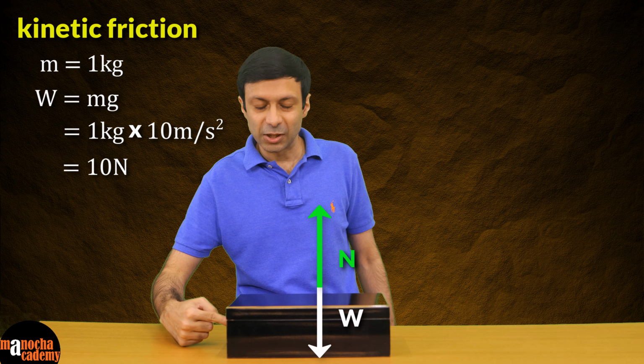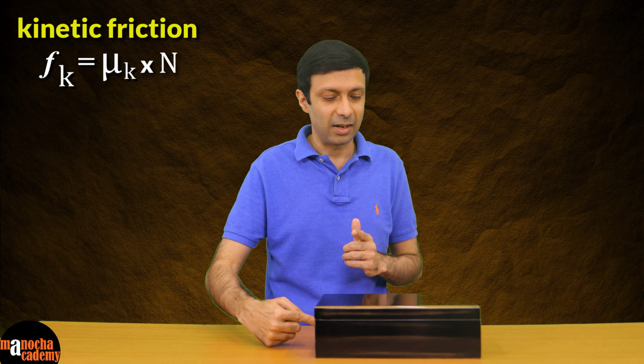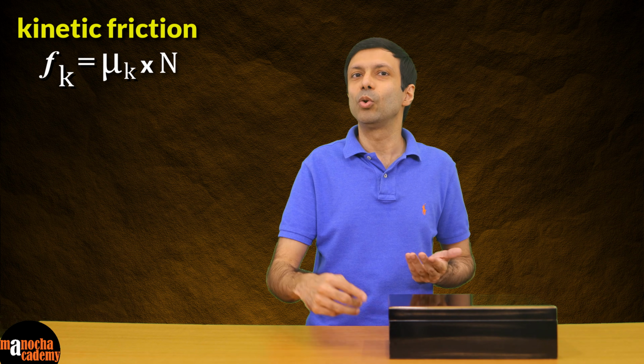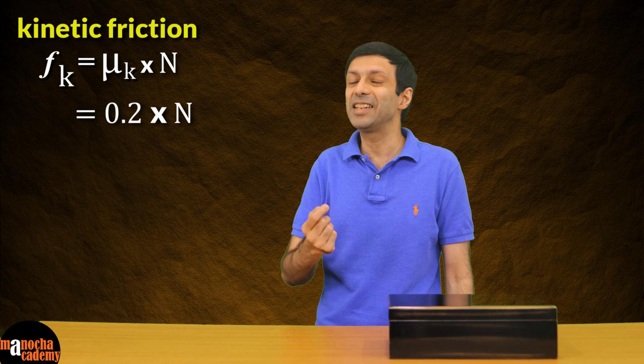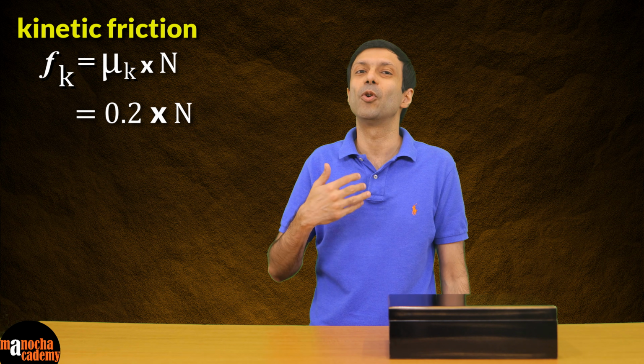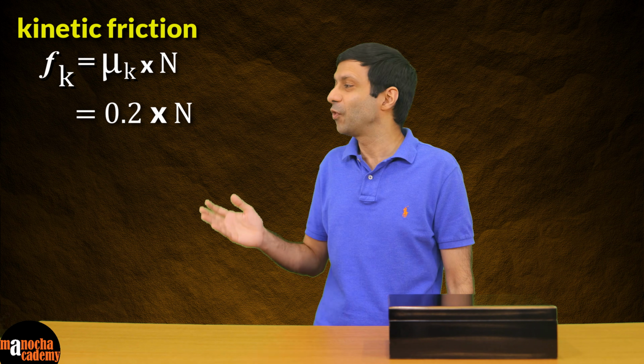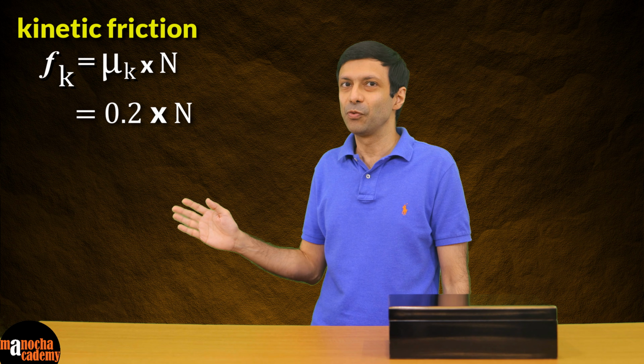So when I'm pushing this box, what will be the kinetic friction here? You can calculate it as mu k times N, the normal reaction. Now let's say the mu k value here is 0.2. See, it is less than our mu s, which was 0.3. So what will be the kinetic friction force?